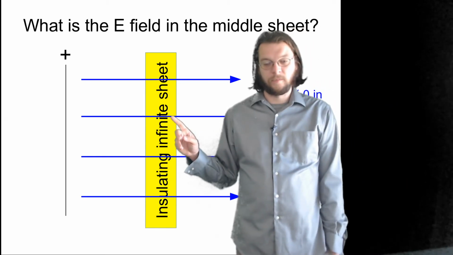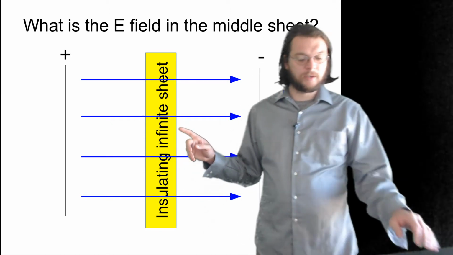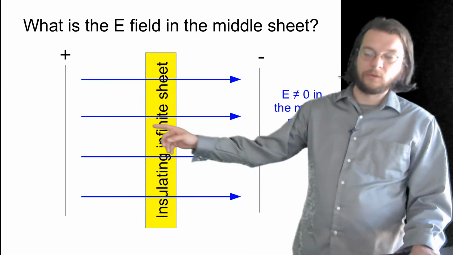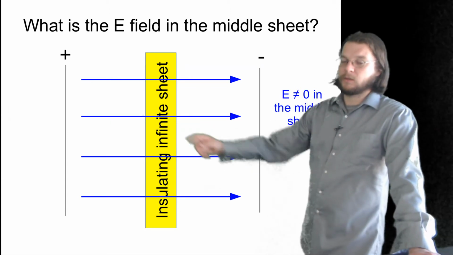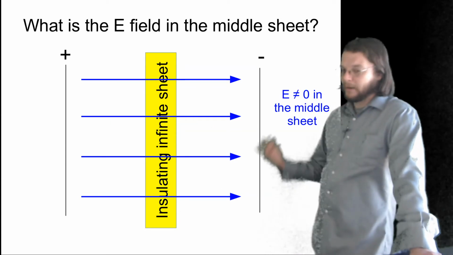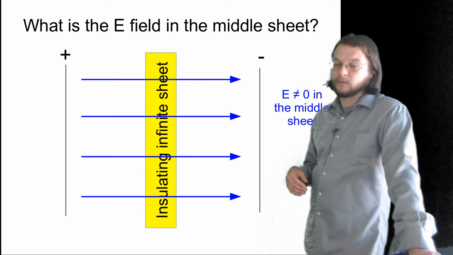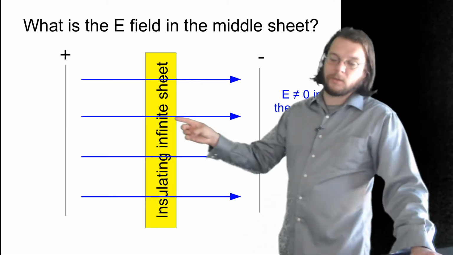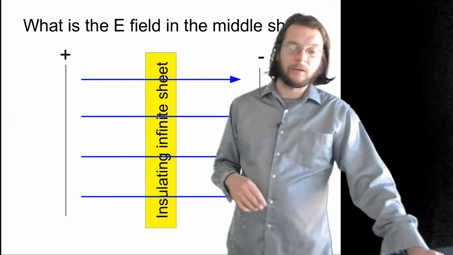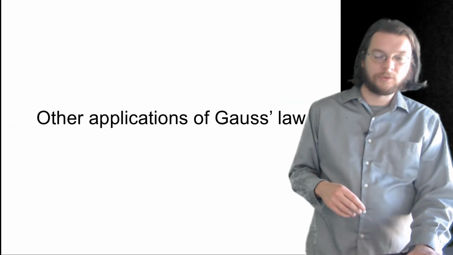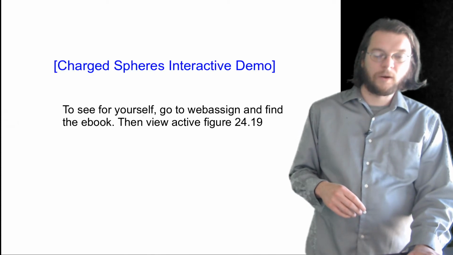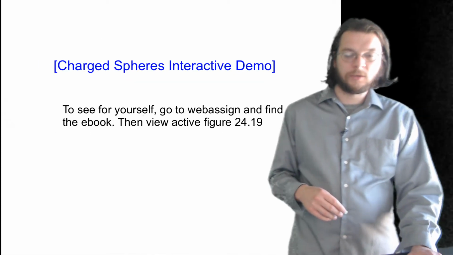And because they're not free to move, it's not going to be able to totally zero out the electric field inside of this thing. We're going to come back to that later in the course when we talk about capacitors. But because electrons can't move as freely in an insulator, the electric field is not going to be as close to 0.